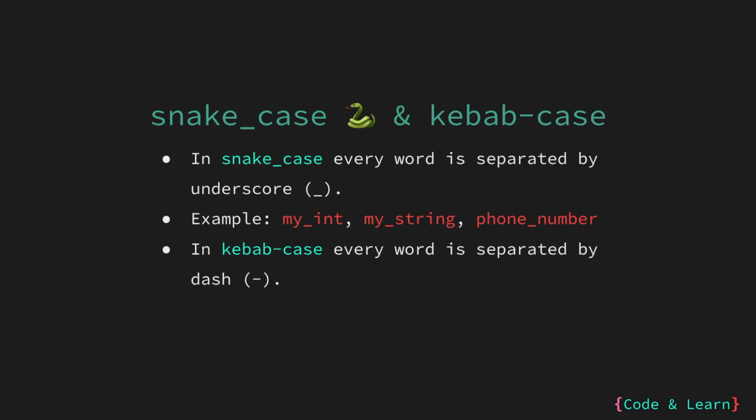As for Kebab Case, every word in the string is separated by a dash, which makes it look like a kebab. So my-int has a dash in between my and int, so do my-string and phone-number. Both Snake Case and Kebab Case can be capitalized, which means all letters in the name or identifier are uppercase. Again, we will look at these in our coding examples.